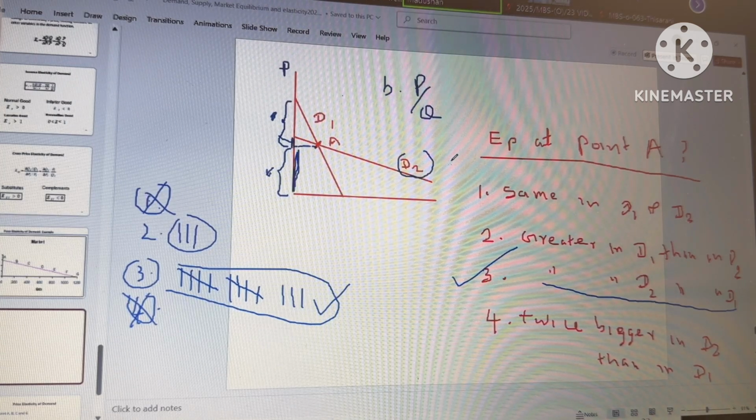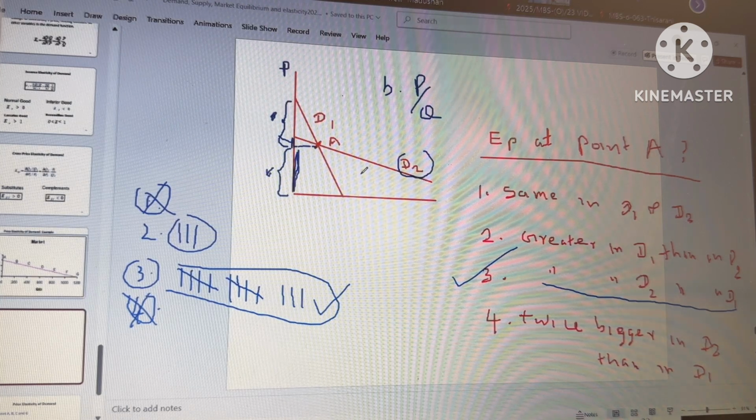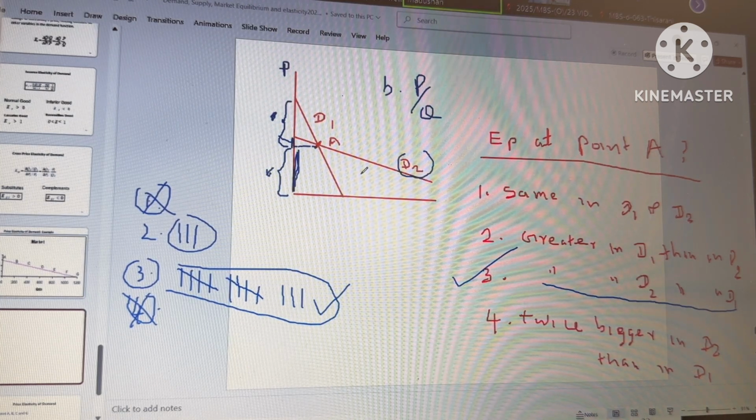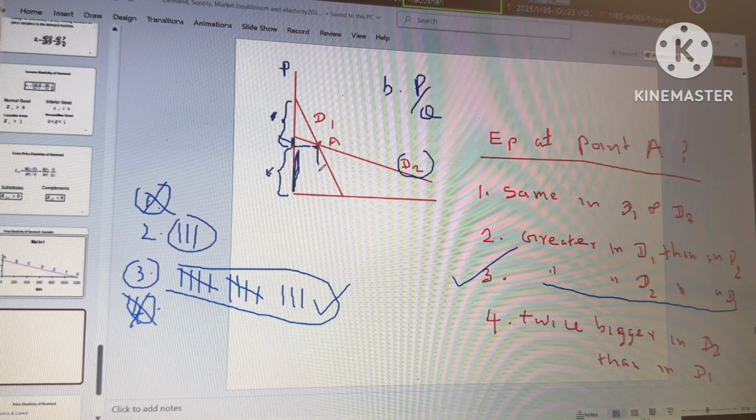In either D1 or D2, price and quantity are the same, but then we should consider the slope, no? Considering D1 and D2, D1's slope is much more than D2's. Then it should be that D1 is higher than D2, no?